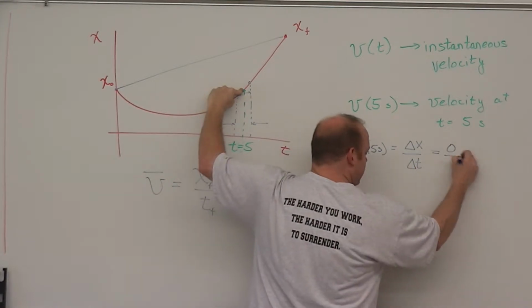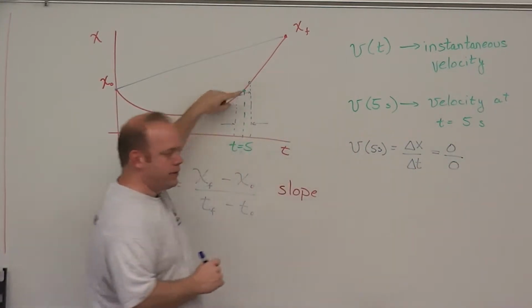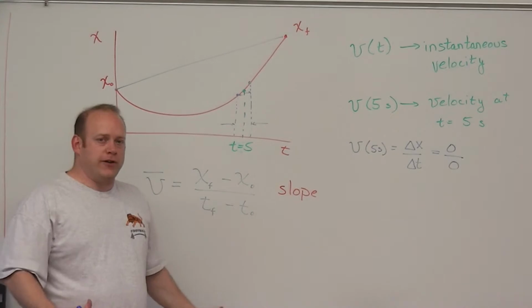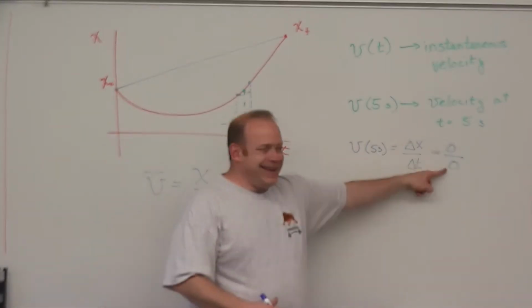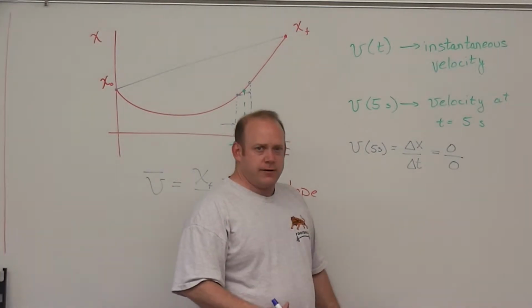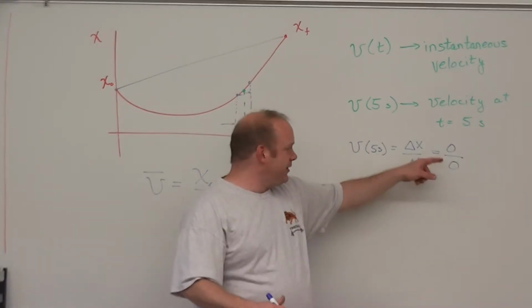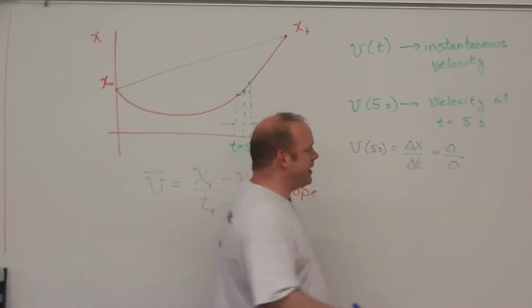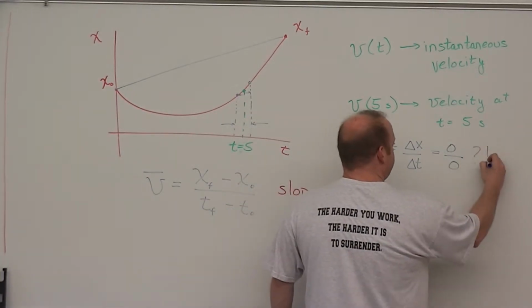My delta t is going to be 0. That doesn't work. 0 over 0. 0 over anything is 0. Anything over 0 is infinity. So I've got 0 and infinity. This is equal to both 0 and infinity at the same time. That's not possible.